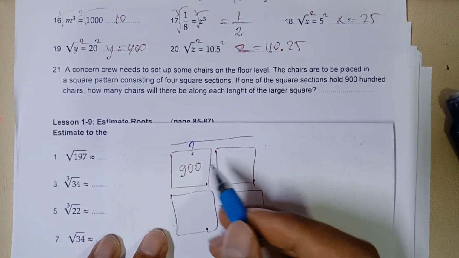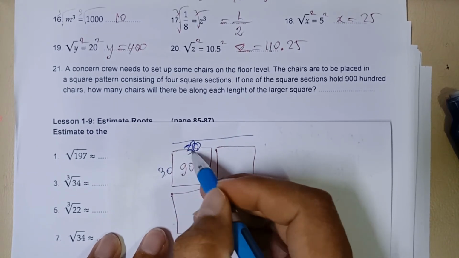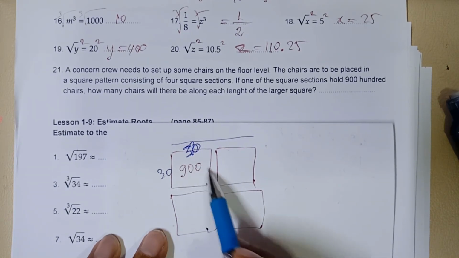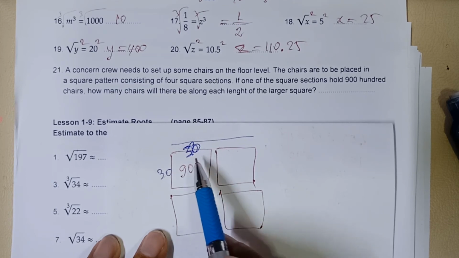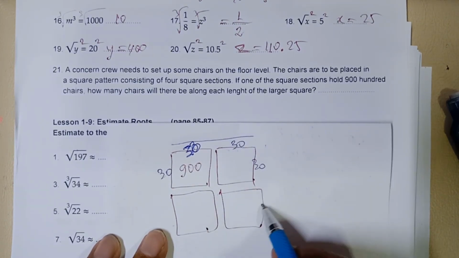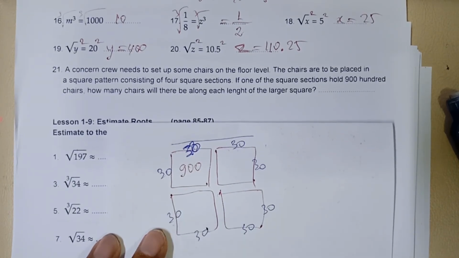So in other words, you have 30 on this side and 30 on this side, and that makes up a 900 square section in this particular part. So if it is 30, it is also 30. They are 30, 30, 30, 30.